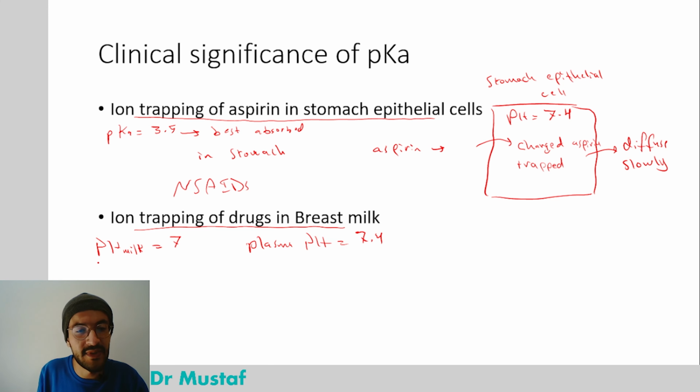And when a lactating woman takes a basic drug, the basic drug gets trapped inside the breast milk because it gets charged as the pH is acidic, and it would lead to the drug coming out with the milk, and it would have a bad effect on the baby depending on the type of the drug.